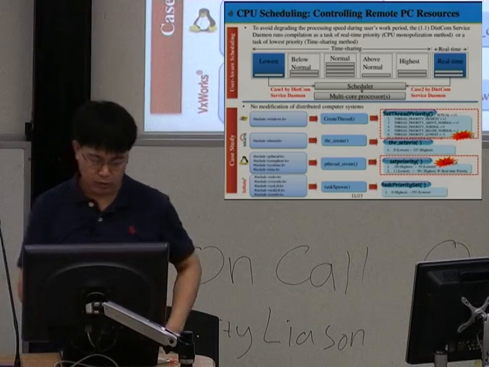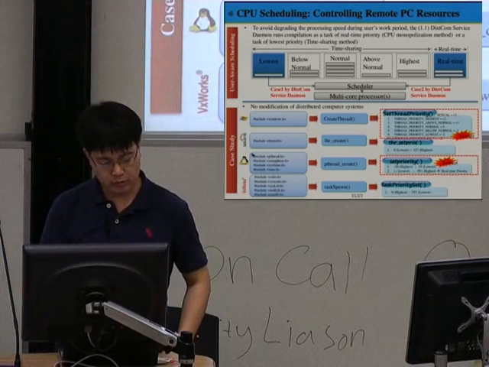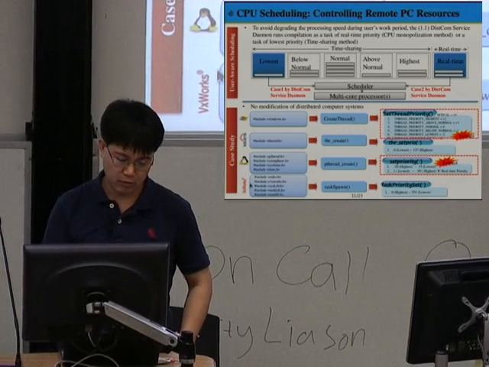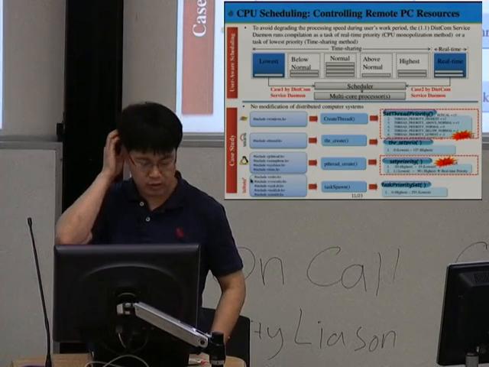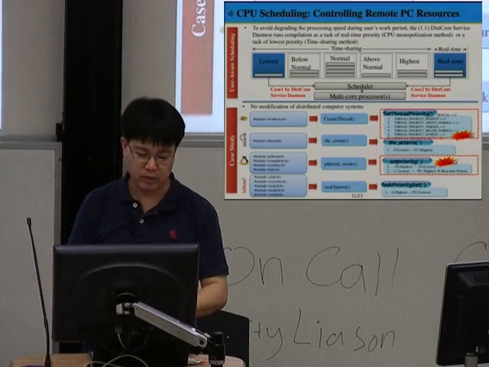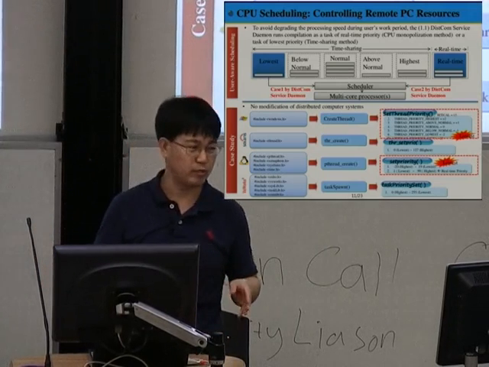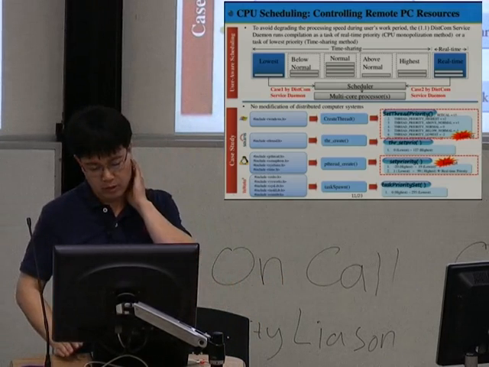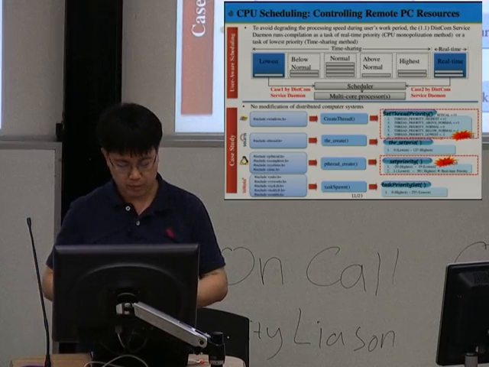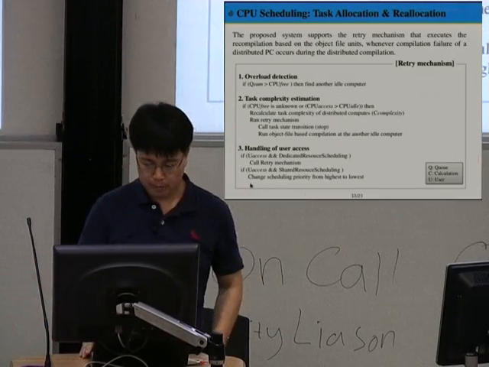But in the future, we have to consider others like Solaris or VxWorks. Actually, VxWorks is only a real-time operating system. It means that this operating system does not support the time-sharing method. So we have to study another operating system.